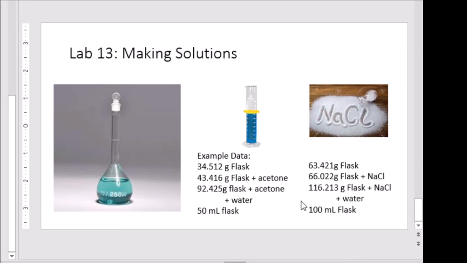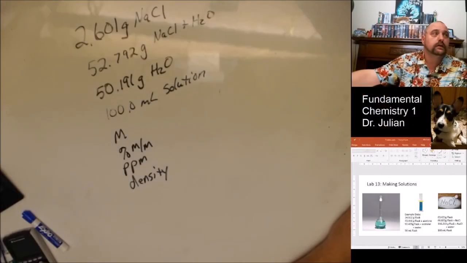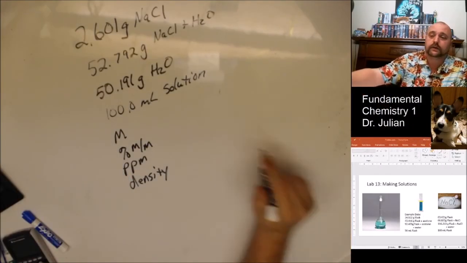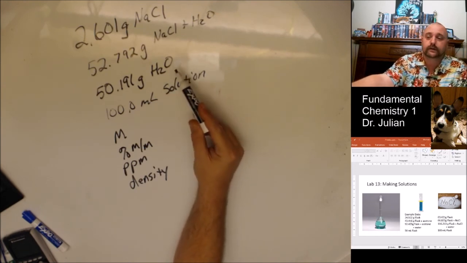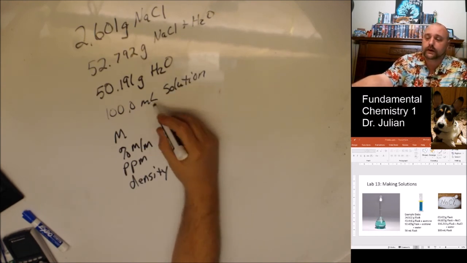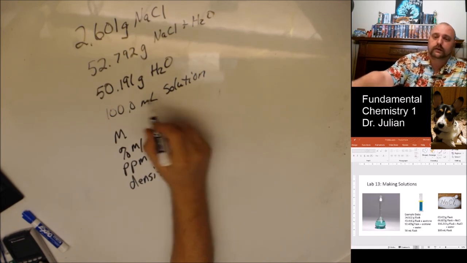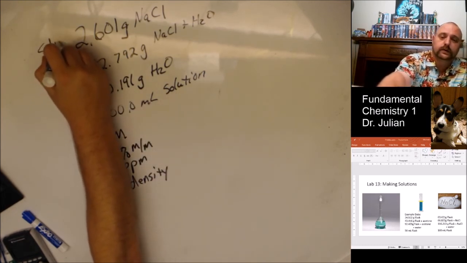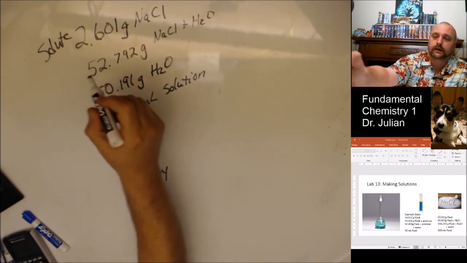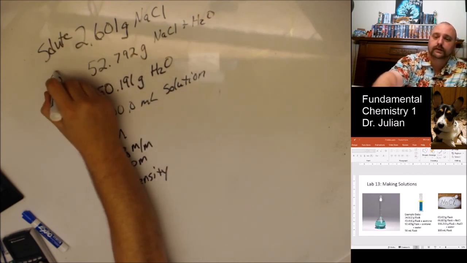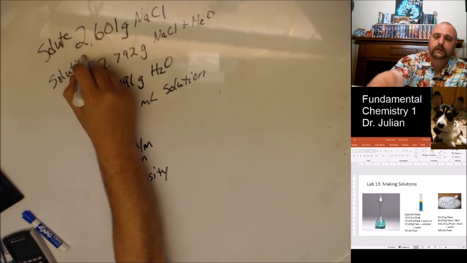Alright, so molarity, again, you're going to have to go from grams to moles. So let's show our work. I've started with my subtraction and then the givens. Molarity, wait a minute, this is my solute. This was my salt plus my water, that's my solution mass.